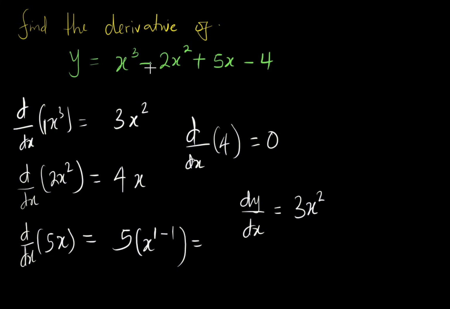Then retain the sign: before, it was minus, so it still becomes minus. The derivative of 2x squared is 4x. So we have minus 4x, then plus, as it was before, so we bring it back. For 5x, it's 5. I didn't write it, so we have 5. And of course, this is our final answer.